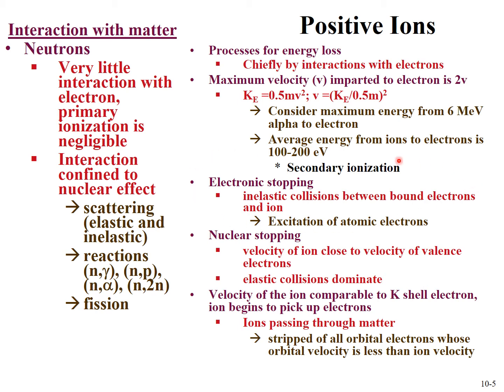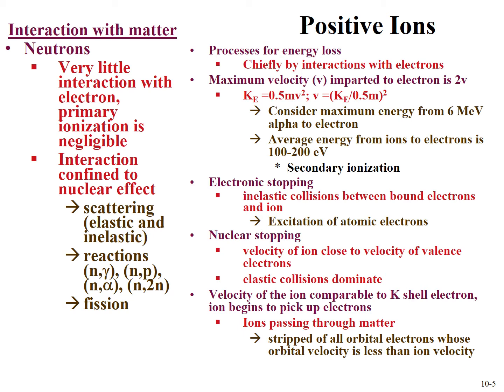Electronic stopping, which we've talked about already, are inelastic collisions between bound electrons and the ion. We can get an excitation of the atomic electrons from this reaction. And the nuclear stopping, when the velocity of the ion is close to the valence electrons, we can get elastic collisions. So that was these cases, electronic and nuclear stopping, that we discussed on the earlier slide.